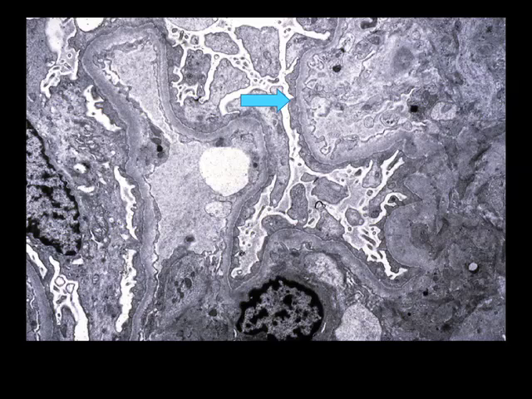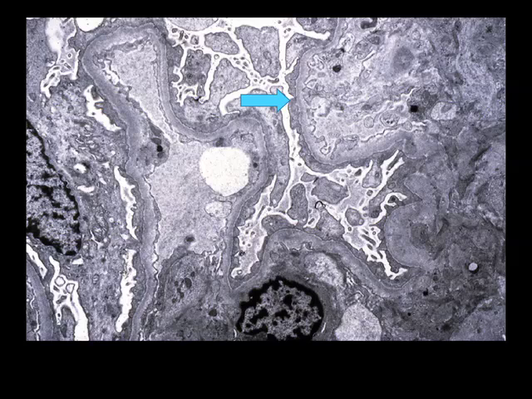And the only abnormality that is seen in patients with minimal change disease is shown on this particular electron micrograph. The blue arrow points to a capillary loop with the basement membrane readily identified, and the blue arrow is particularly pointing to foot processes which appear completely effaced and generally collapse.